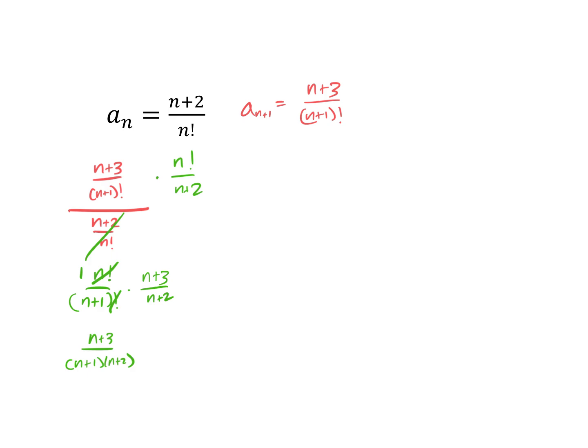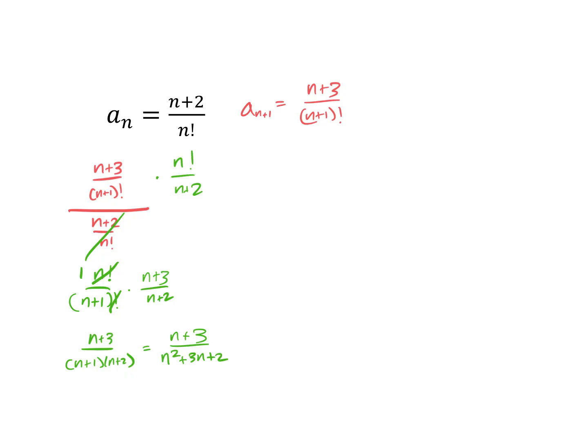And can we say that this is always greater than 1 or less than 1? So I might call that n plus 3 over n squared plus 3n plus 2. I might look at that just to be real clear on this.